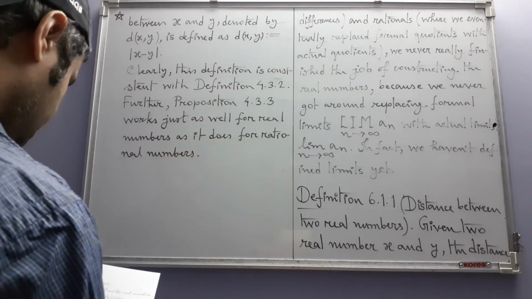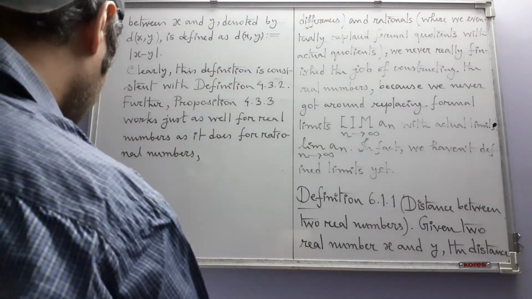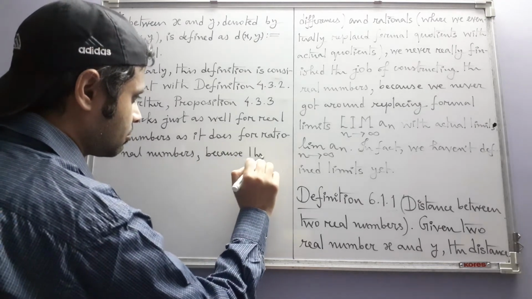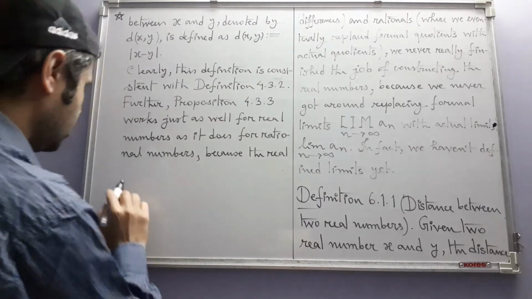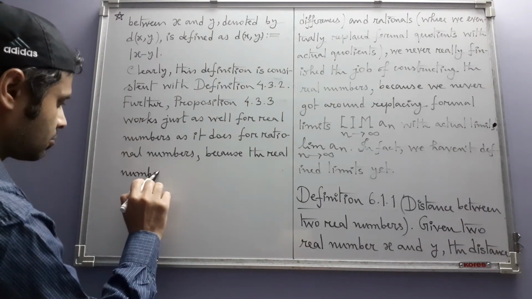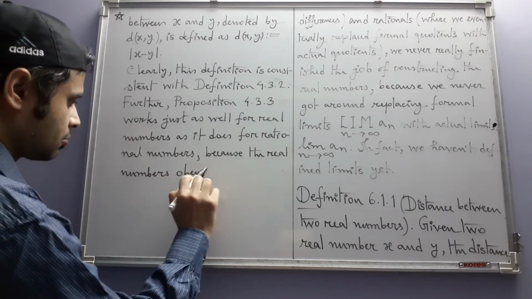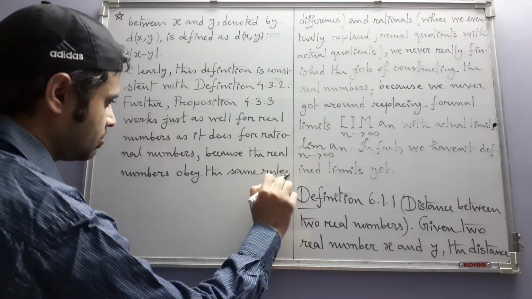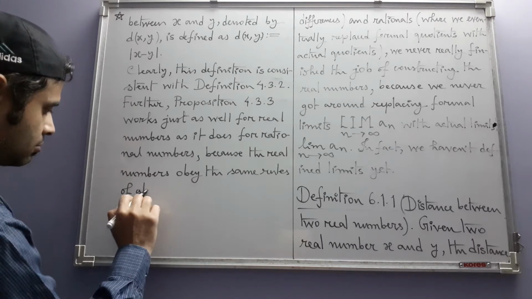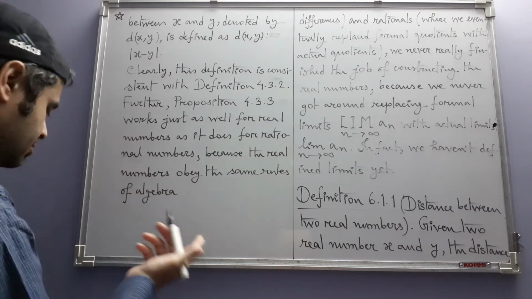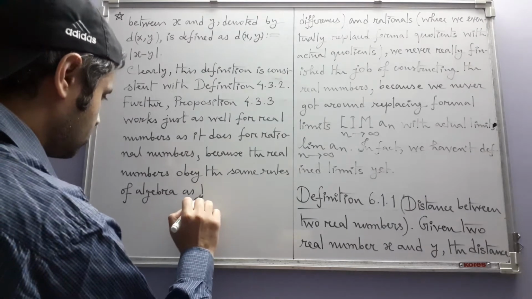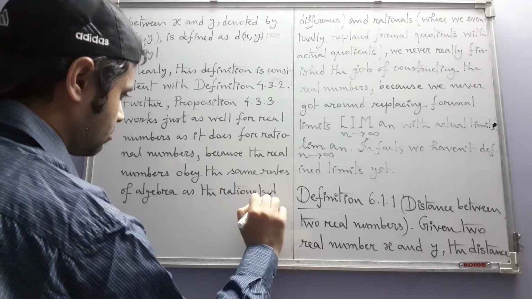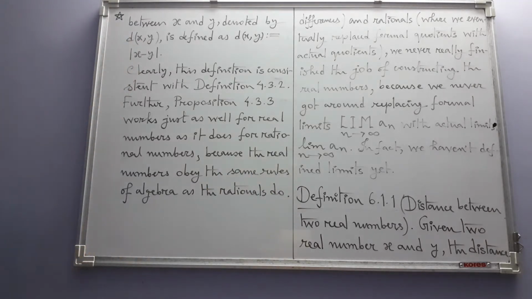So that thing is there, and the reason is that the real numbers obey the same rules of algebra as the rational numbers, which is very easy to understand.